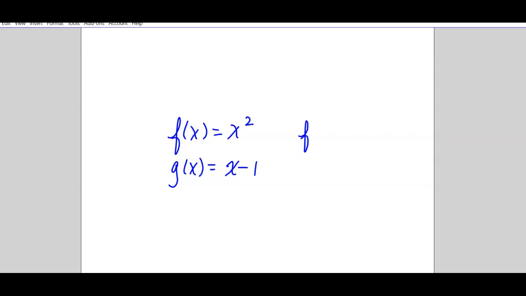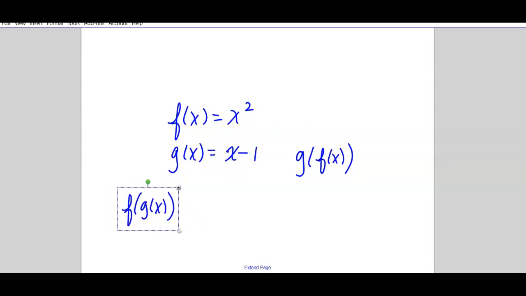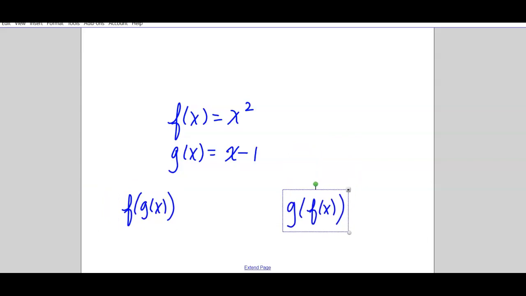Okay? So I'm going to do f of g of x, and then g of f of x. In terms of the actual domain. So we want to think about the domain. So your calculator actually can really be your friend. A lot of times, but especially with composition.